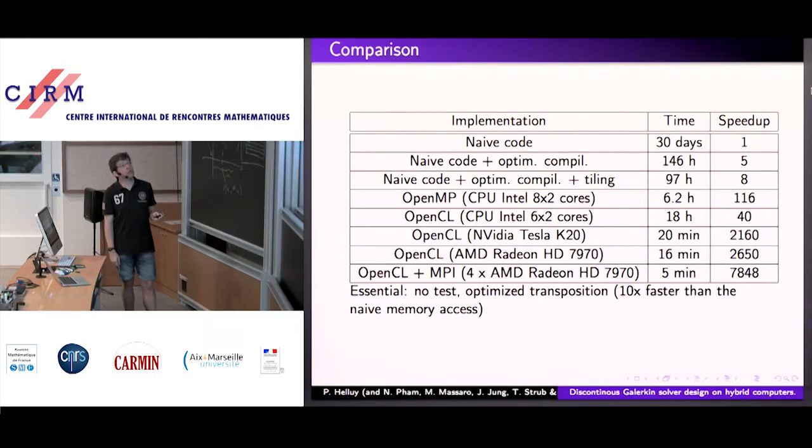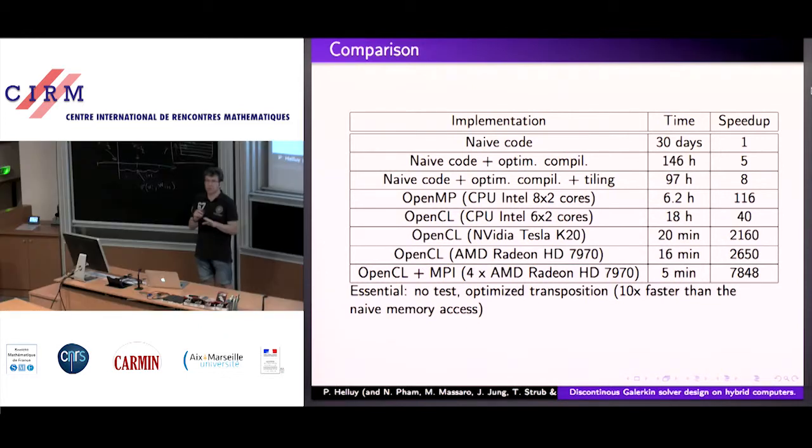Another very important point is that if you don't perform the optimized transposition in memory, then you will lose a factor of 10. The memory accesses are the limiting factor, because you have thousands of processors, so the computation costs nothing. So it is very important to optimize the data arrangement in memory if you want to be fast.